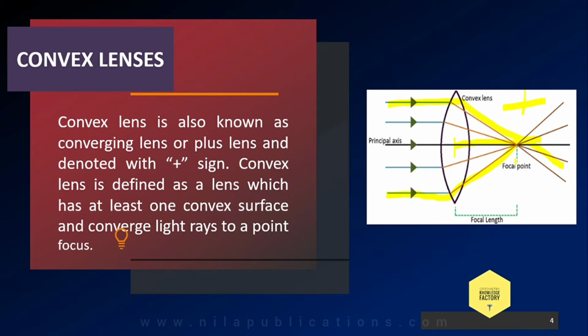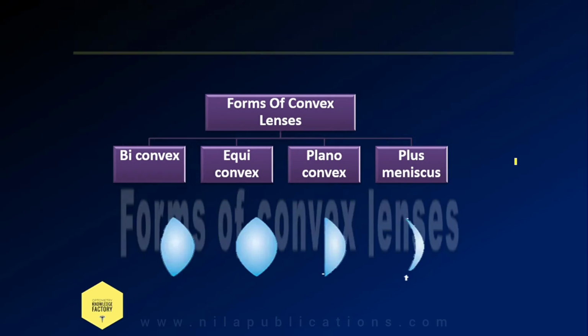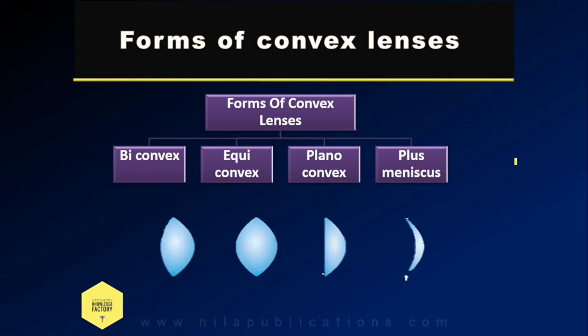It is defined as a lens which has at least one convex surface and converges light rays to a point focus. Forms of convex lenses: biconvex, equiconvex, plano-convex and plus meniscus. In biconvex form, both the front surface and back surface are convex with unequal power.